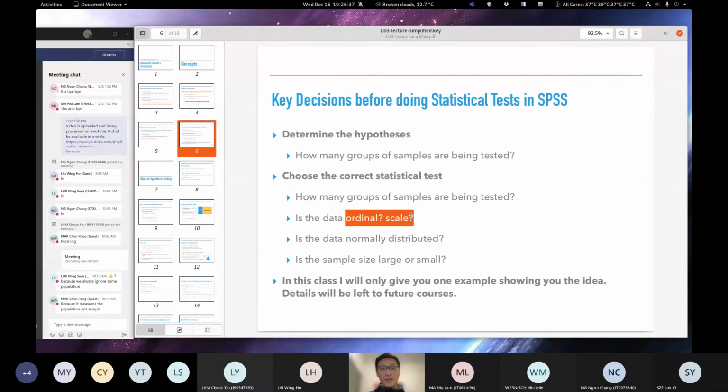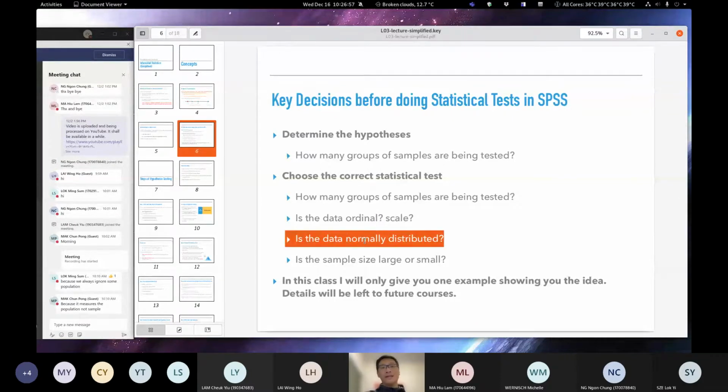So again, it shows you why the level of measurement is an important concept in data analysis. Because if the level of measurement is wrong, then you might pick the wrong test to test your data, and that is not good. We also need to consider if the data is normally distributed. And finally, we also need to consider the sample size. So that is why people think that this is so difficult.